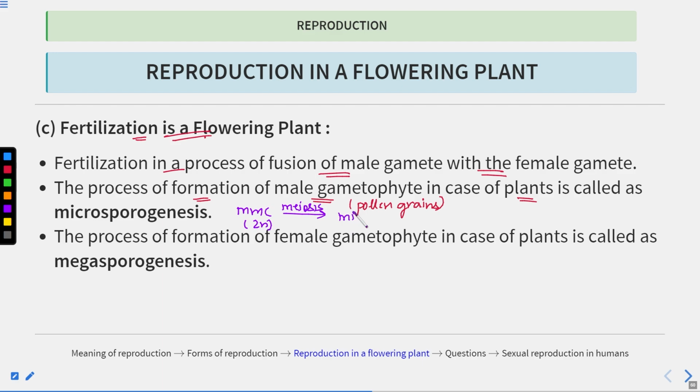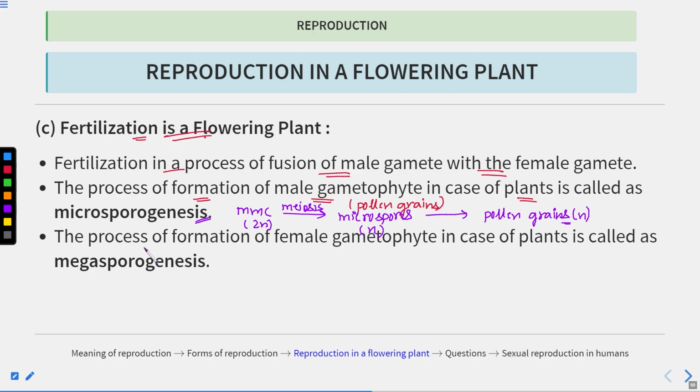Microspores are produced, which are haploid. Then what happens from these microspores? Pollen grains are produced, which will again be haploid. So this is the process of microsporogenesis.